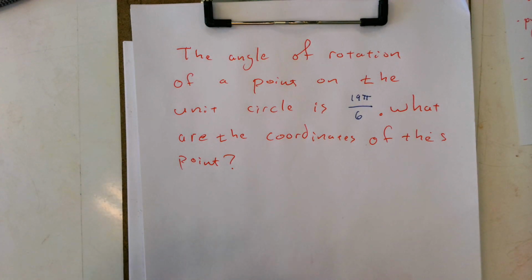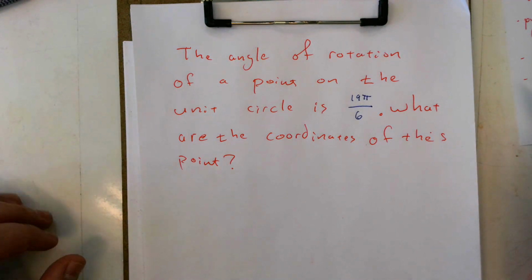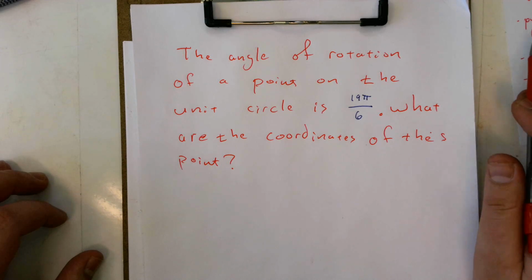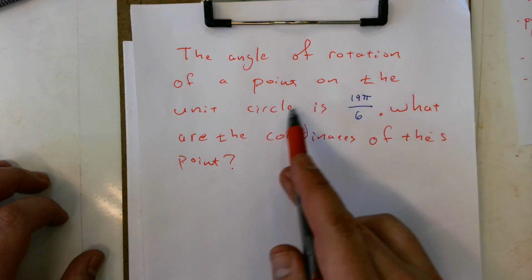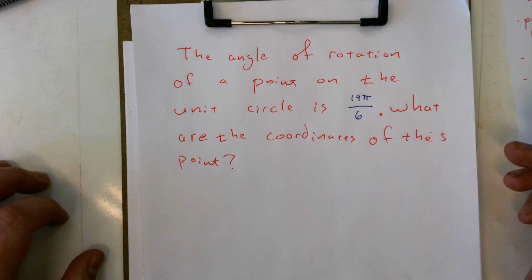Every year on my Unit 3 unit circle test, I like to ask this as the very first question, something that looks nearly exactly like: the angle of rotation of a point on the unit circle is 19 pi over 6. What are the coordinates of this point?